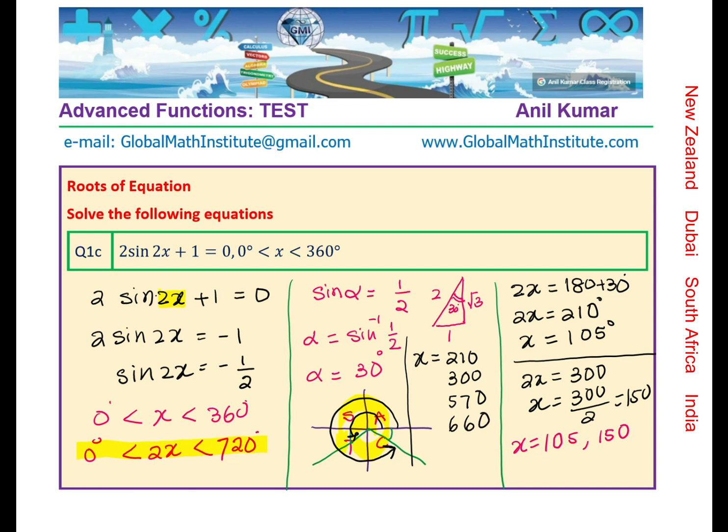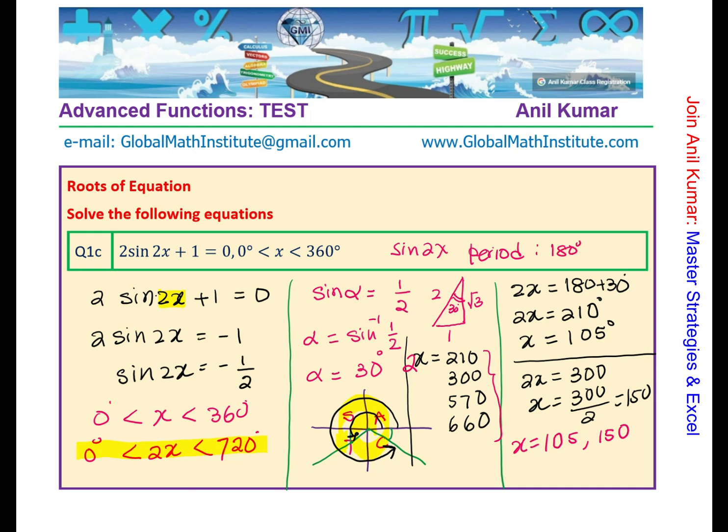So one way is to initially write down all the full values of 2x, sorry, not x, 2x. And then you divide by 2. The second way is you do it within one circle and then add the period of 2x, right? So for sine 2x, the period will be, two waves in 360, so period is pi or 180 degrees.